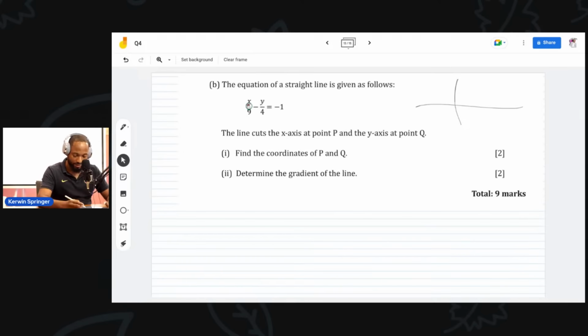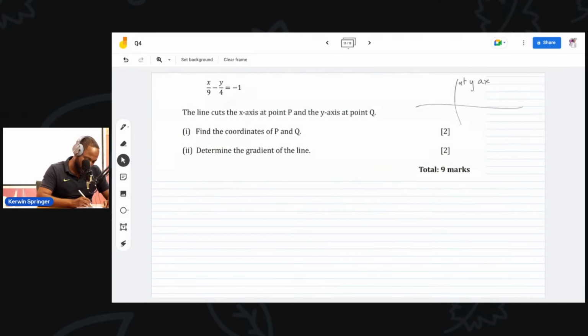Because at the y-axis, x is equal to 0. So you just put in 0 and you go on with your life. So 0 over 9 minus y over 4 is equal to -1. 0 over 9 is 0.